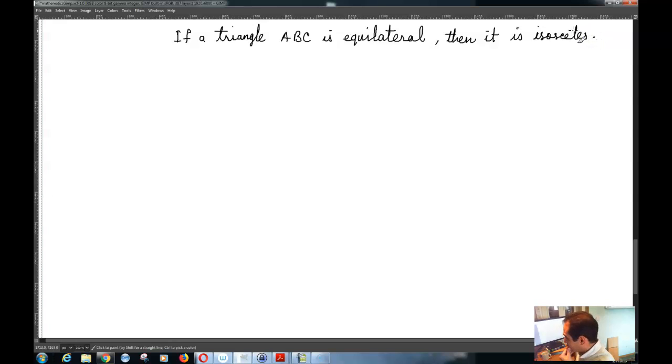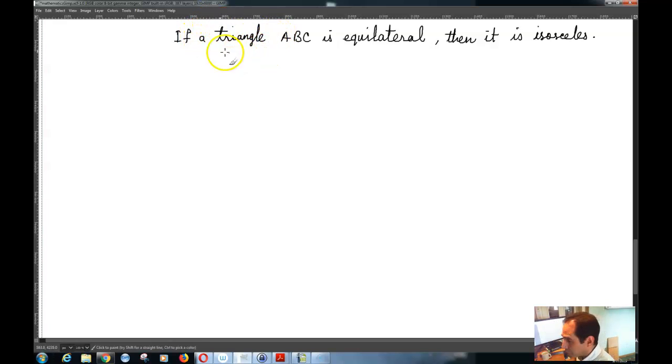So what you want to do here is that first, this is a compound statement, and you want to basically identify the corresponding component statements.